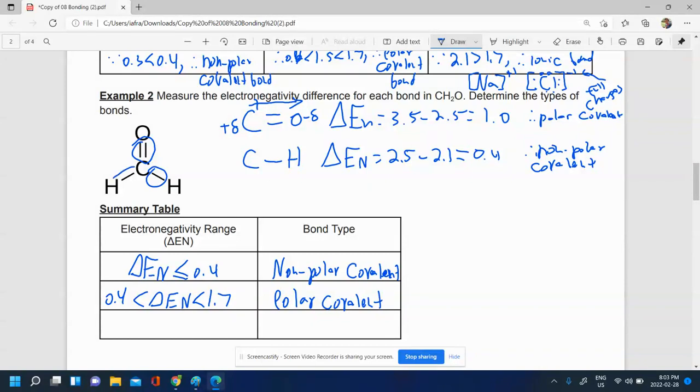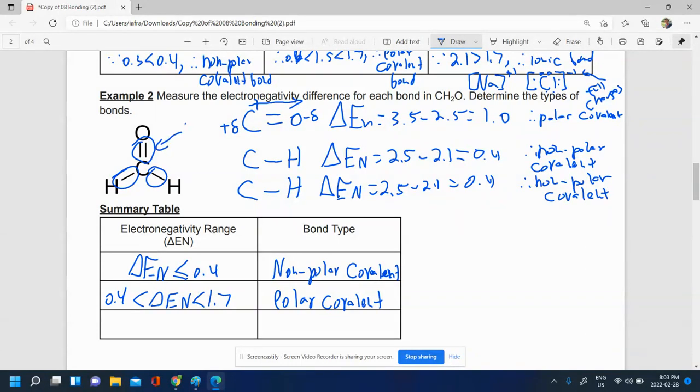And then this bond, of course, is the same. It's a CH bond, 2.5 minus 2.1, and that gives you 0.4. Therefore, also non-polar covalent.